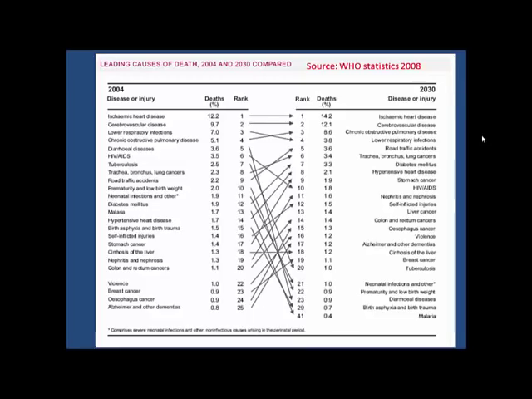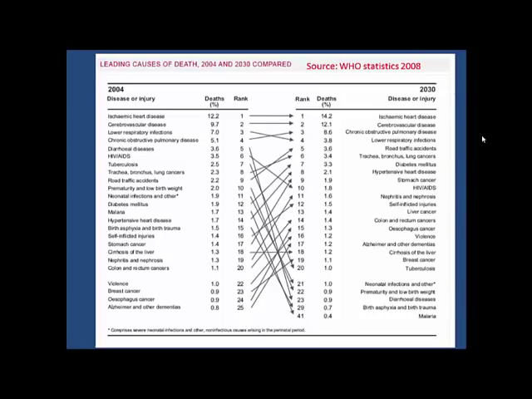If you look at a historical comparison and a future comparison of what infectious diseases are going to be major throughout the world, this is again throughout the world, not necessarily the developing world only. You can see that the major disease still, in 2004 up to 2030, will always be ischemic heart disease. And this is as a percentage of death in relation to all of the other diseases.